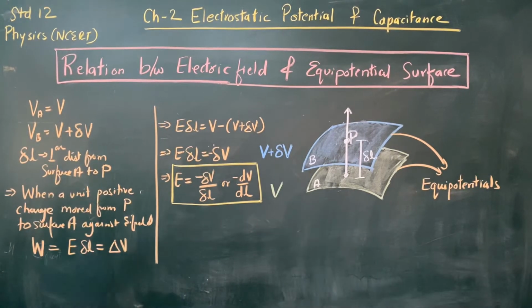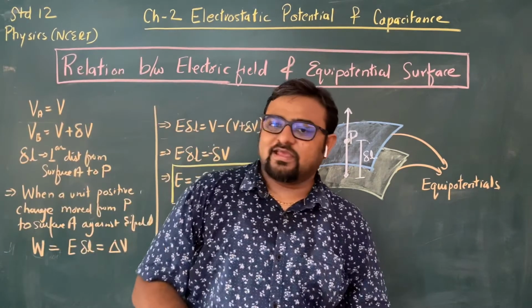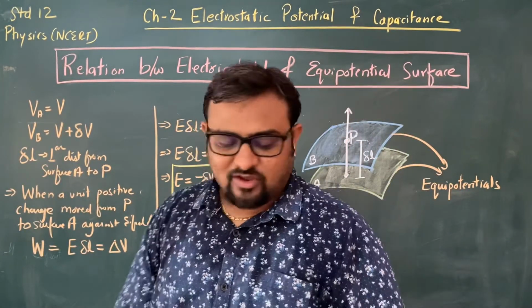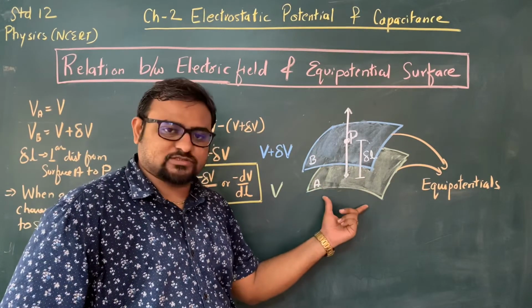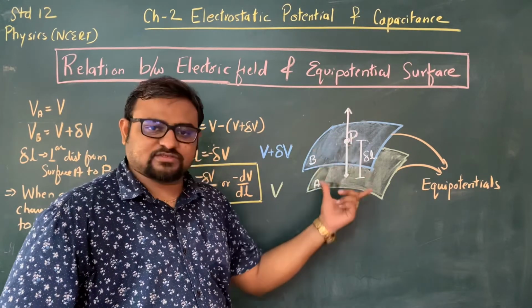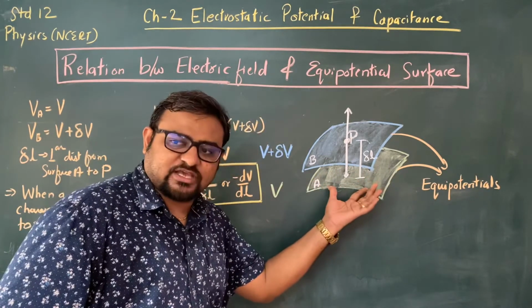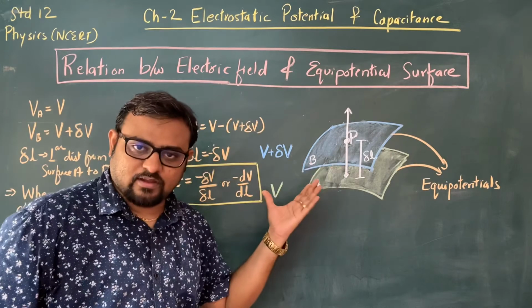The next topic is the relation between electric field and equipotential surface. I have taken two equipotential surfaces. The potential at each point on surface A is the same, and the potential at each point on surface B is the same.